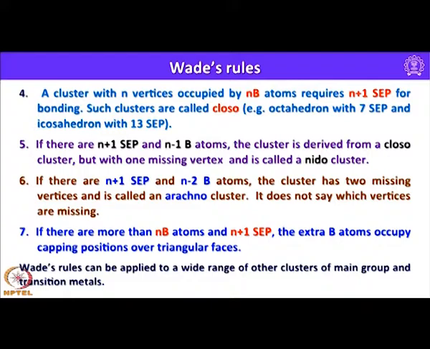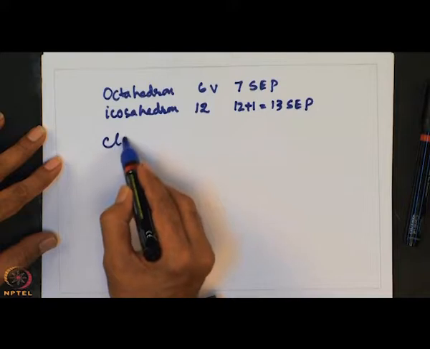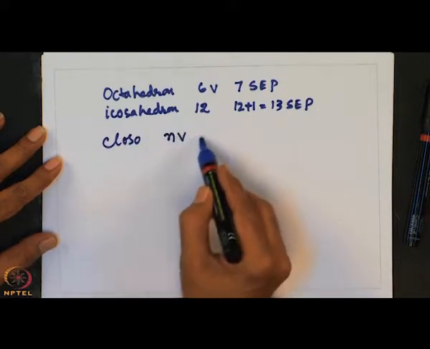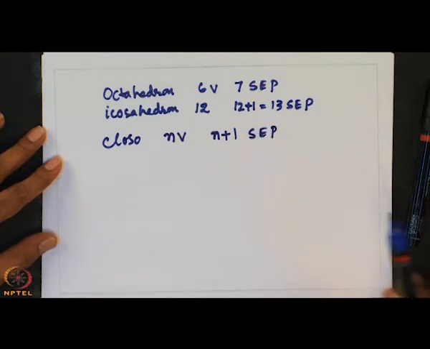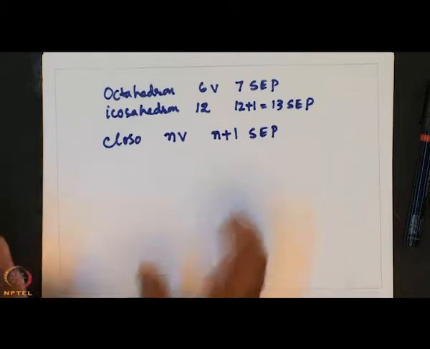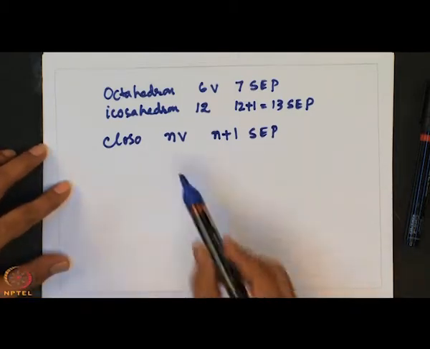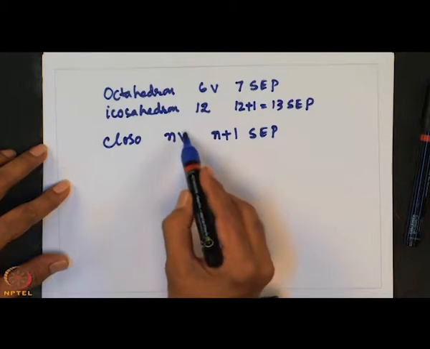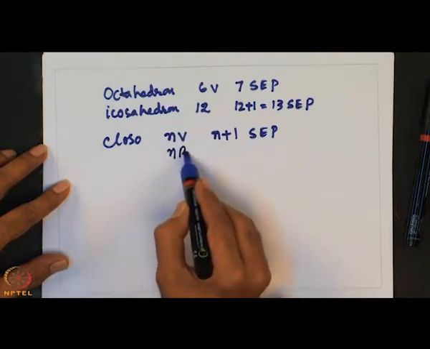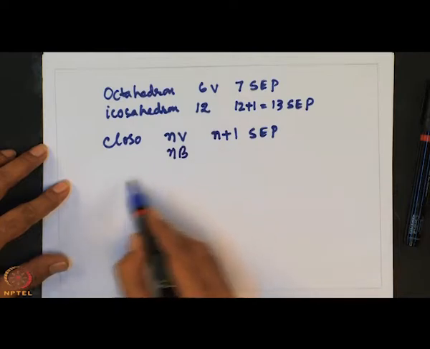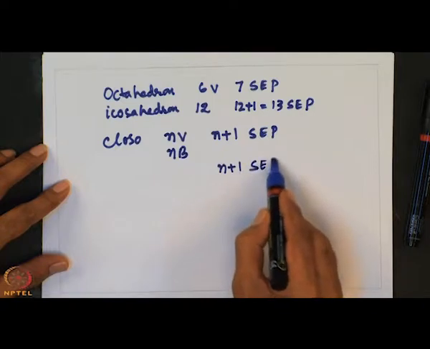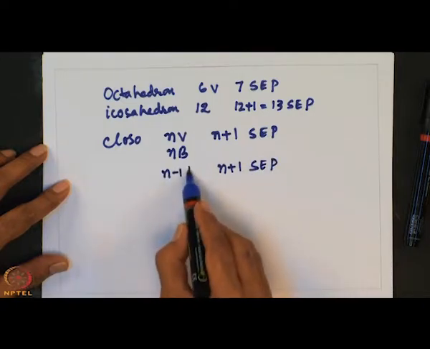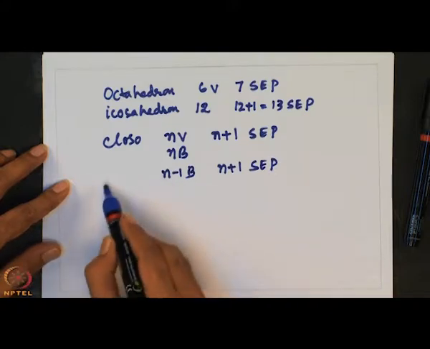So for closo, we have n vertices and n+1 skeletal electron pairs. And if we have n+1 skeletal electron pairs and n-1 boron atoms, then it is called nido.